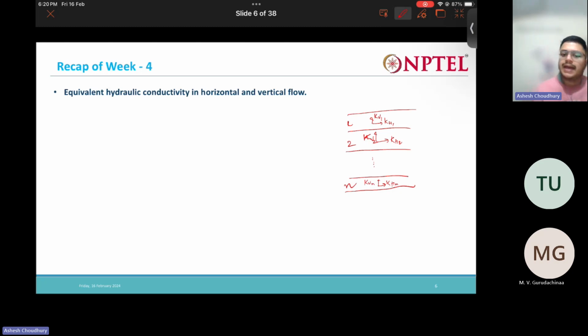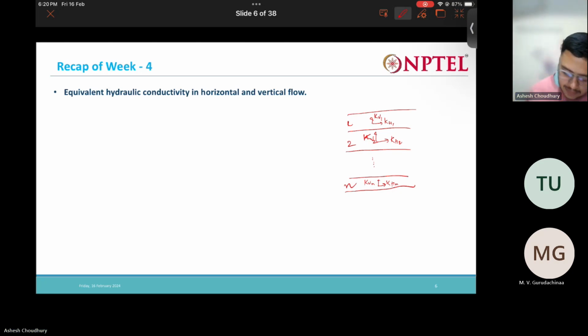So there are n layers, and all of these layers have different horizontal hydraulic conductivity as well as vertical hydraulic conductivity. That is, the soil is anisotropic. So in both directions, the properties are different. In the horizontal direction there is one hydraulic conductivity, and in the vertical direction the hydraulic conductivity changes. So there are n layers, and each of these layers has different hydraulic conductivity in the two directions.